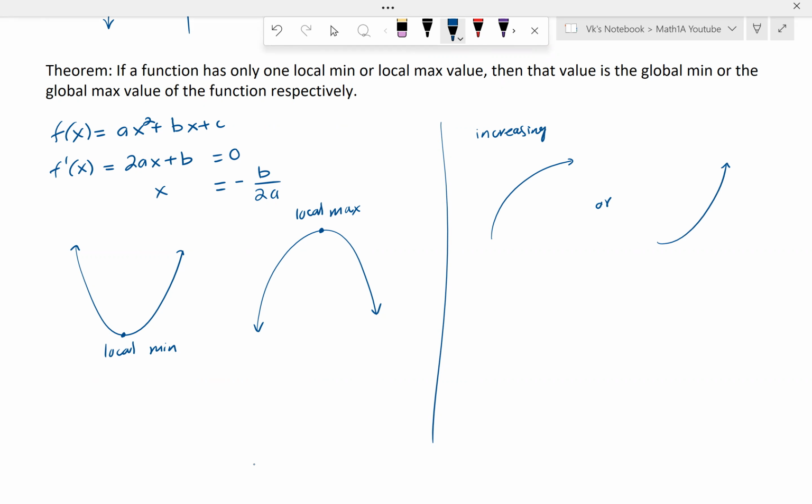Which way? And same thing for the decreasing. Is it decreasing this way or this way, from left to right? Well, we need another test to determine how the function is increasing or decreasing.